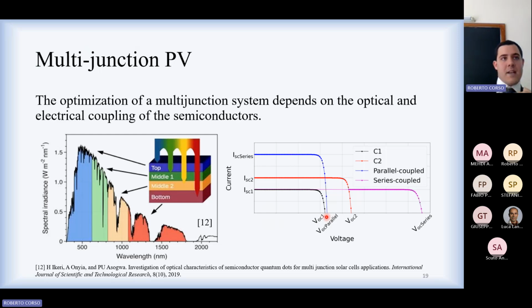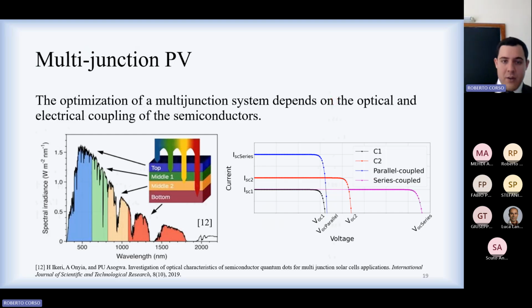So again, in order to maximize the performance increase from this coupling, you need similar open circuit voltage values from the system. And we will see the impact of this choice in a bit.